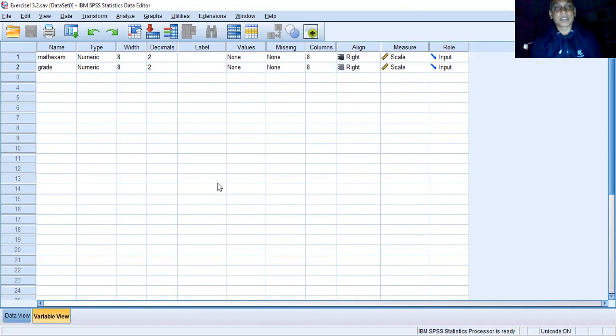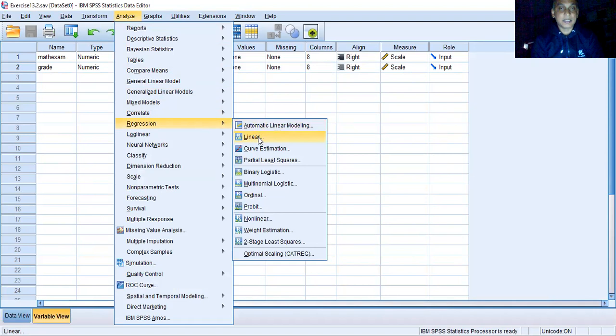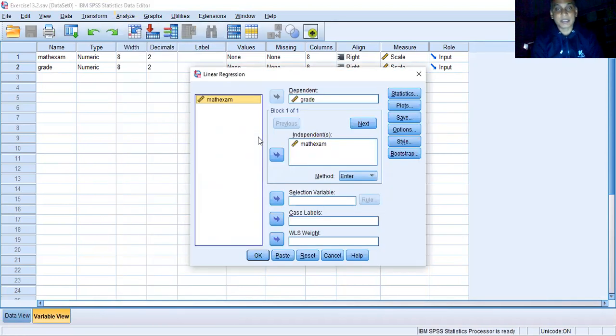Now, finding out whether the predictor is significant or not, talking about your effect size, and finally the conclusion that we are drawing will depend on the analysis which we are doing. The steps for simple linear regression include Analyze, Regression, Linear, and this is the box we are getting.